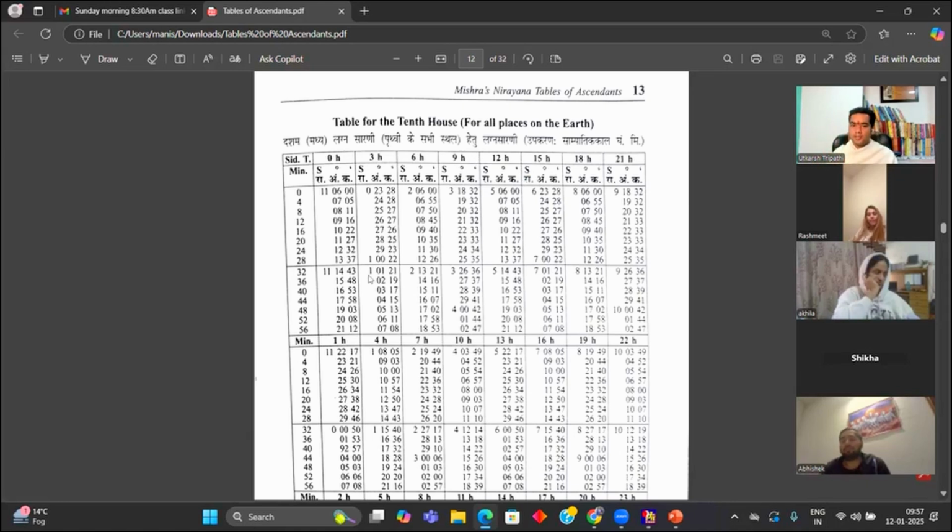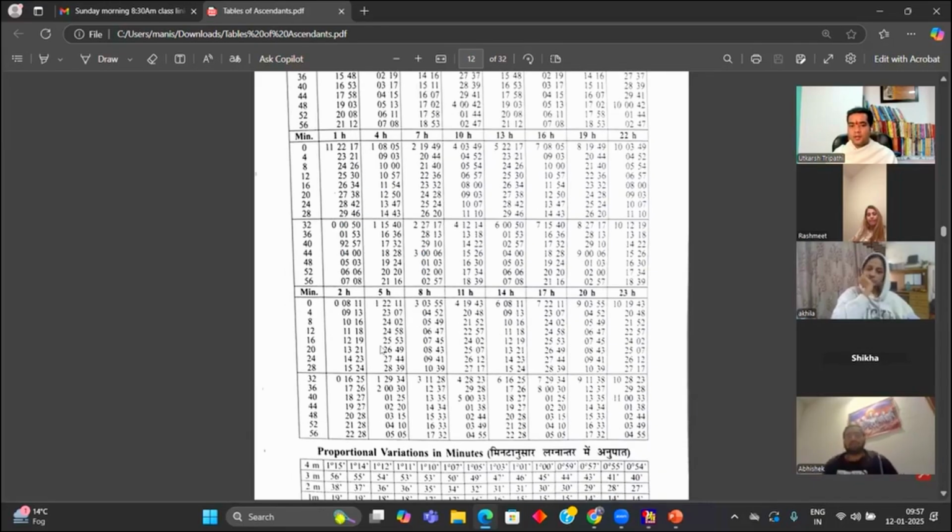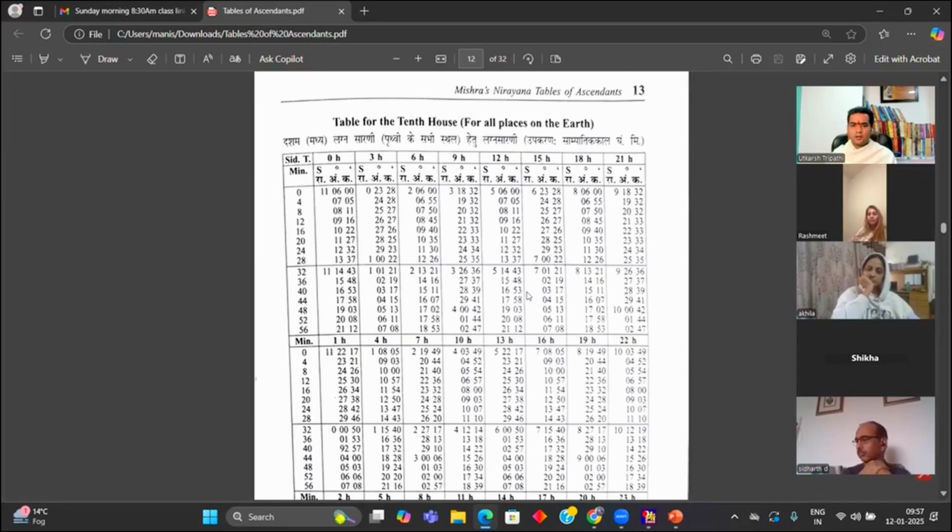We can look in this place, it covers all places on the earth, and we can use the same sidereal time and get the 10th house position. We don't need to do anything, just look at the table and you get the position of the 10th house, which sign is rising in the 10th house. That's so simple. I will not go and practice this, we don't need to, but just to know, just to appreciate it.